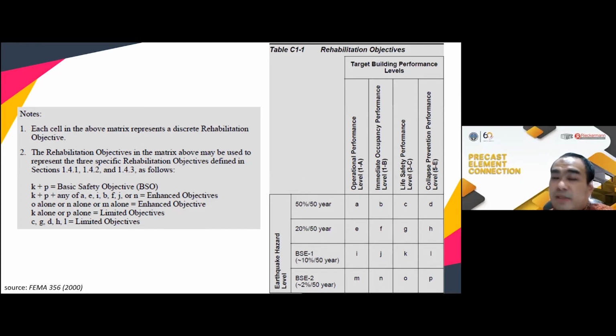So there will be business opportunity that is lost. For the AD structures, maybe, okay, we need time to repair the structure, maybe 1 or 2 months. And then after that, we can use the structure again. So here we also talk about the business loss if we use the cast in place monolithic RC structures.